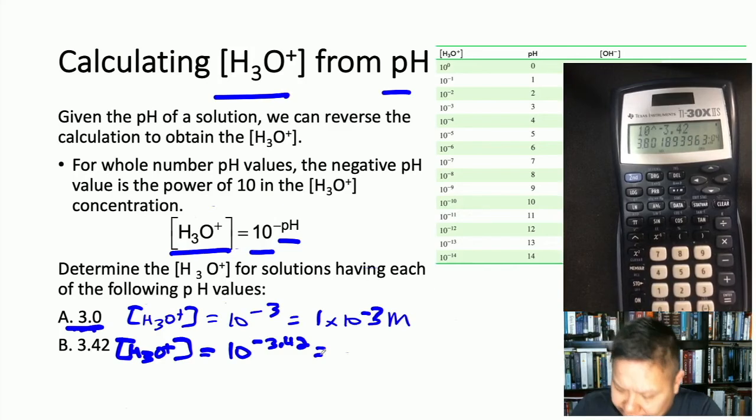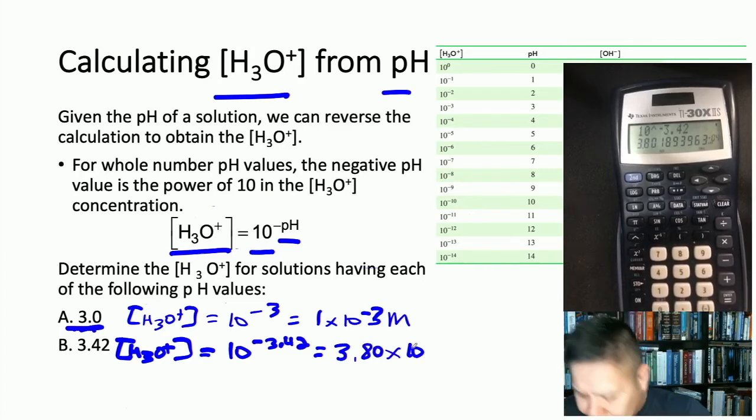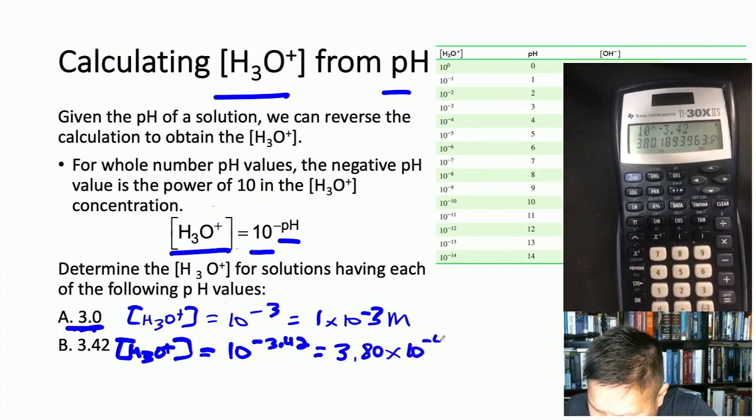And the answer is then, again with two significant figures, 3.80 times 10 to the negative 4 molar.